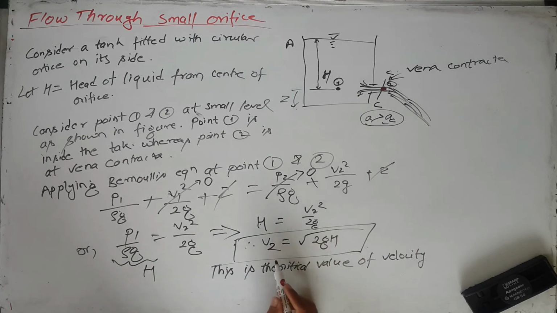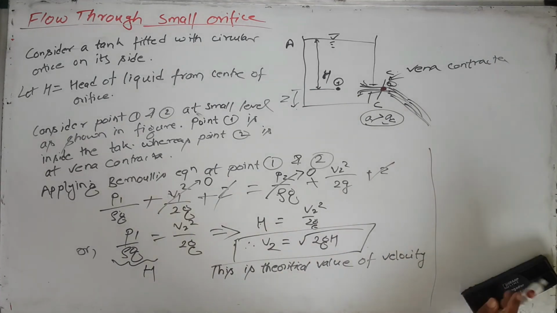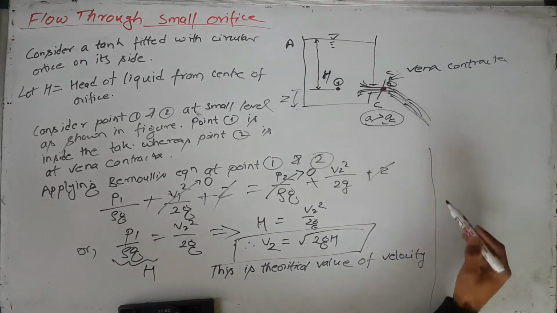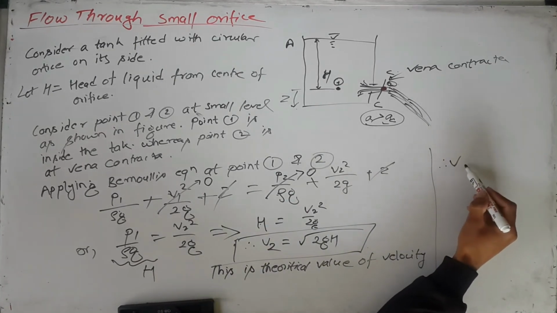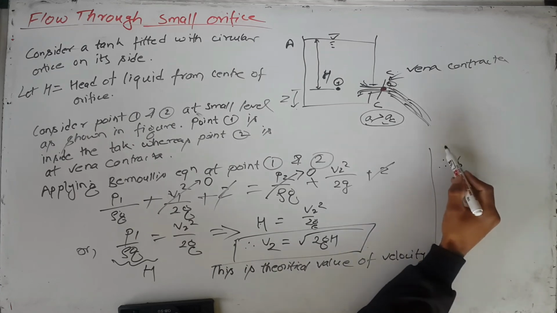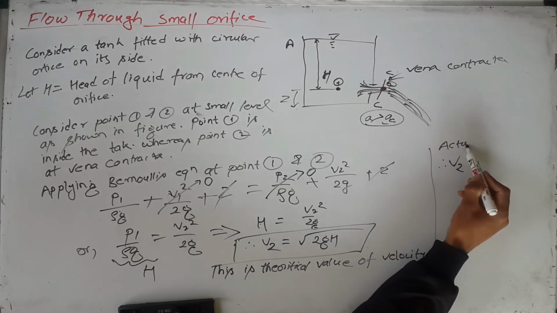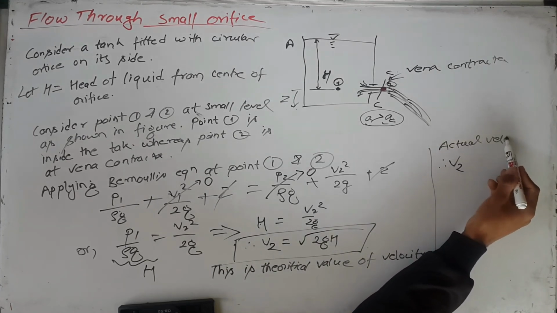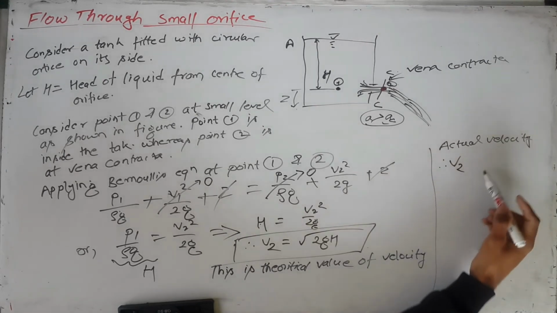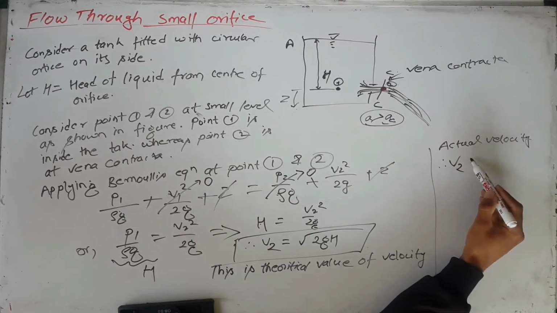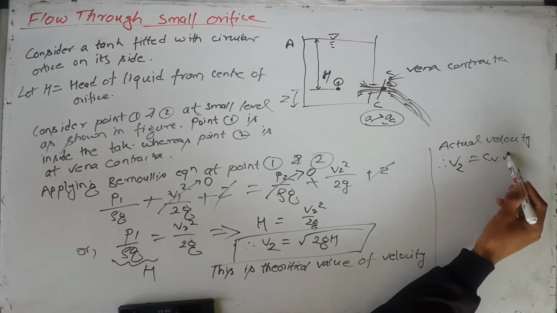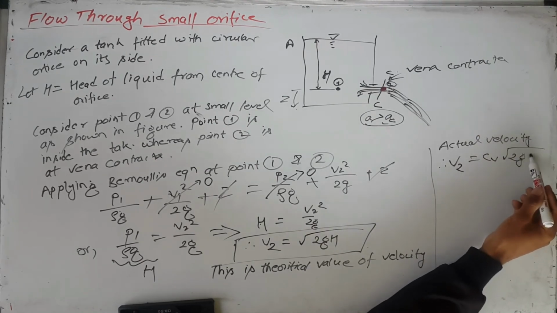We can get the actual value by multiplying with the coefficient of velocity. Therefore V2 actual velocity is CV root under 2gH.